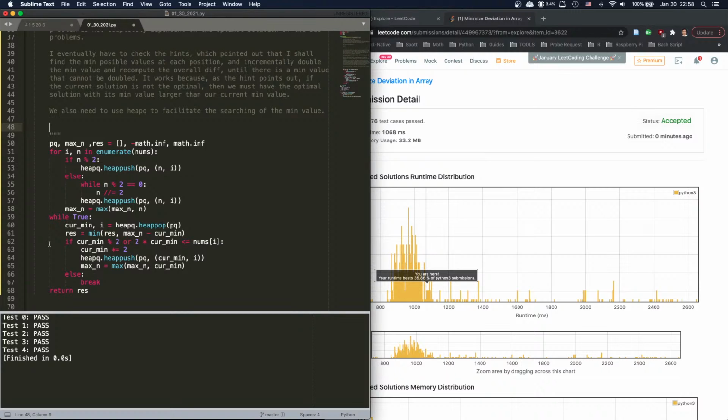So I think it's O n log n because this is O n, and then this depends on how many iterations you want to go. In the worst case scenario, you just have to go through every one of them. So in O n log n, our runtime clocked at 1068 milliseconds, which gives us 35% ranking.